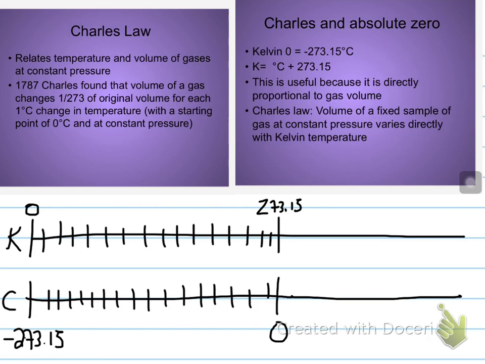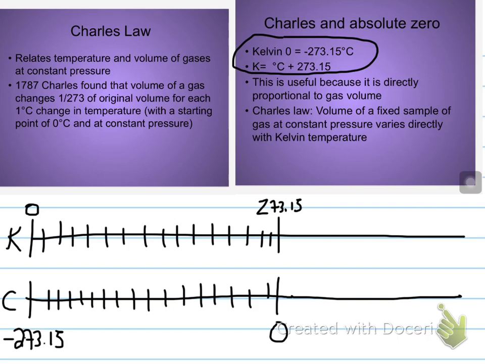Okay, if that's helpful. If not, this is often helpful. So your Kelvin temperature is your Celsius temperature plus 273.15. That said, that's the most precise value we can get for absolute 0. Your book and most other sources just use 273.